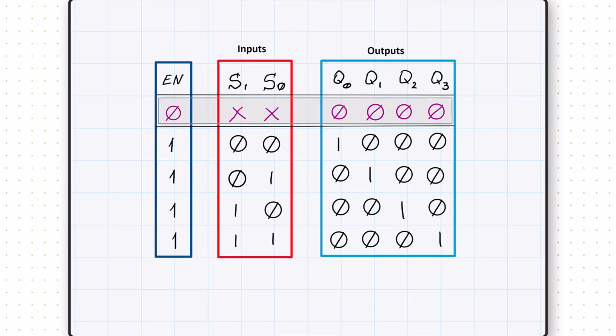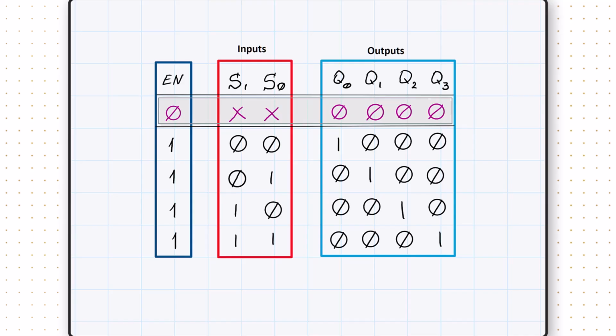When the input enabling signal has a value of 1, so it is a high signal, then the S1 and S0 inputs are going to follow the 2 to the power of n rule, so it's going to be 2 to the power of 2, giving us 4: 0, 0, 1, 1 in the column for S1, and 0, 1, 0, 1 in the column for S0.